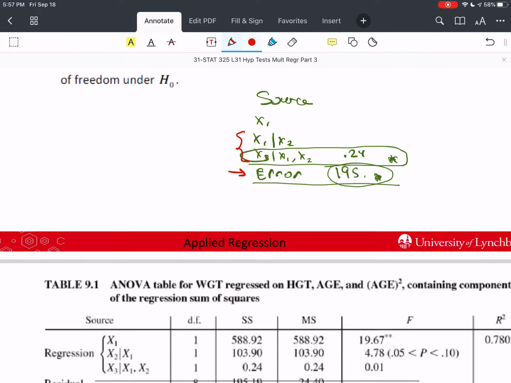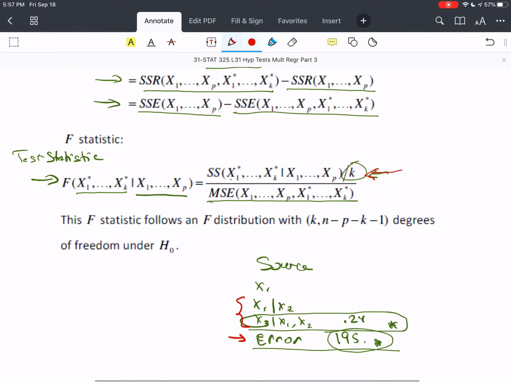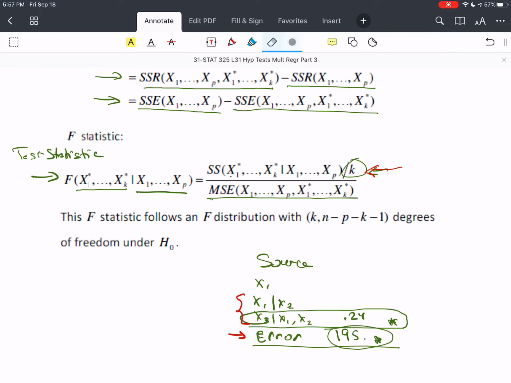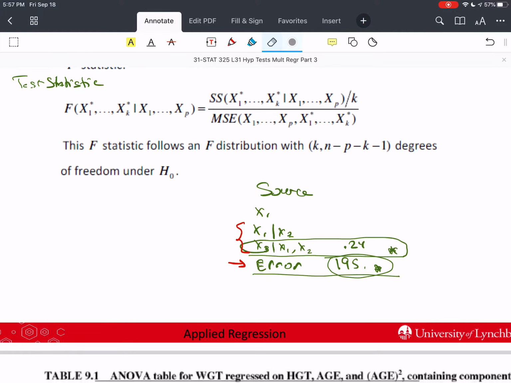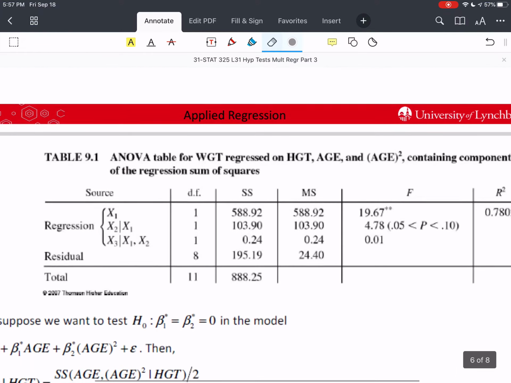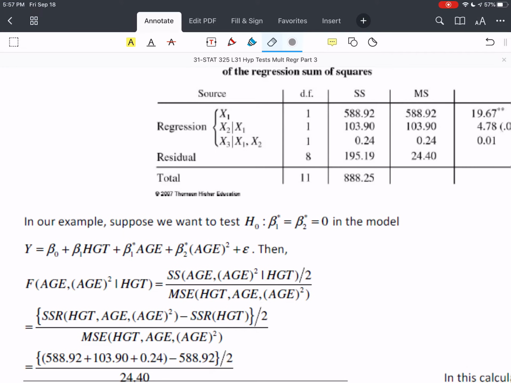Okay, so here's my table. I'm so sorry, I'd forgotten that I put it in here. I'm glad I did. So let's explain this a little bit better, the test statistic. Okay, so in this case, let's see, do we work that out? We do. Okay, so we're going to work this out. So let's take a look.